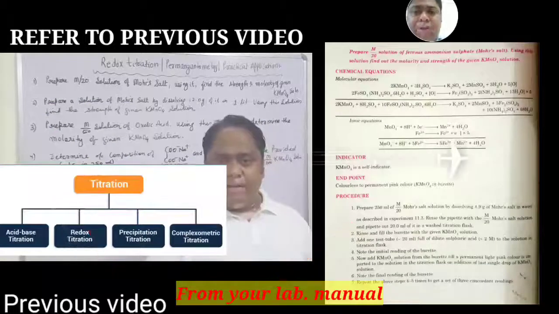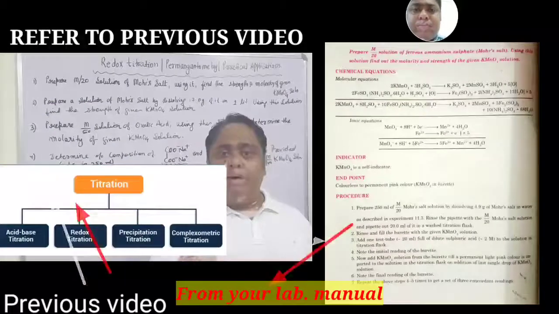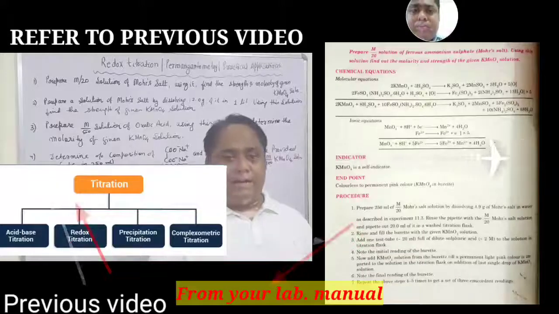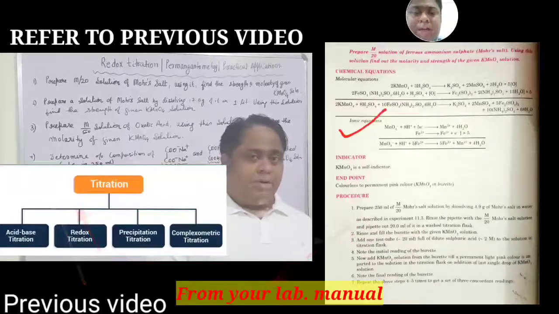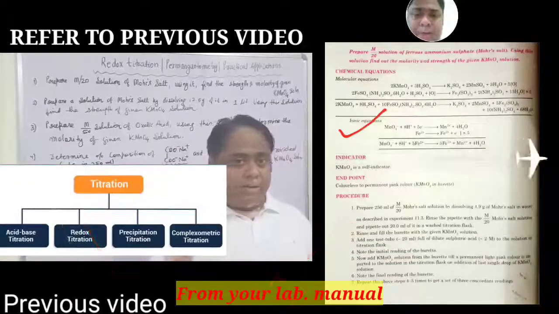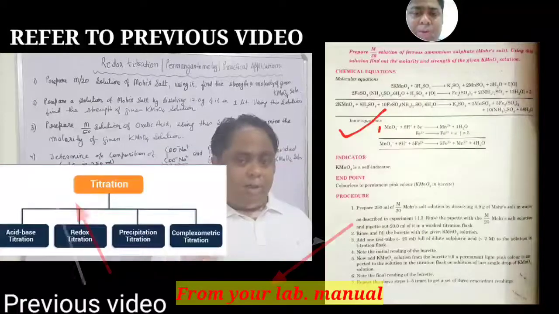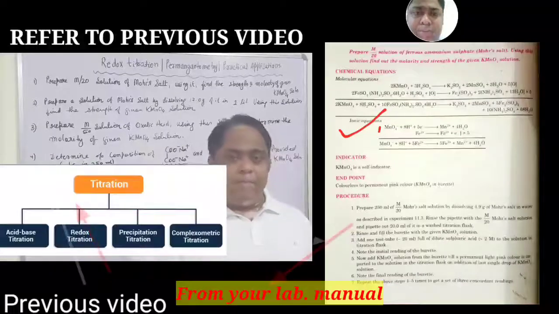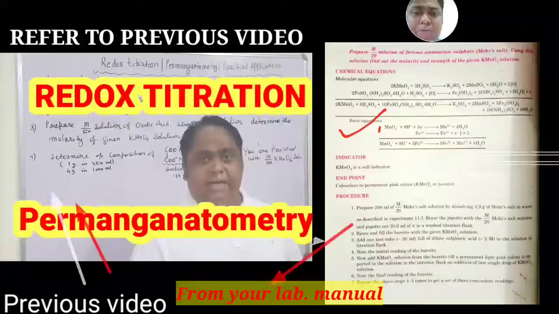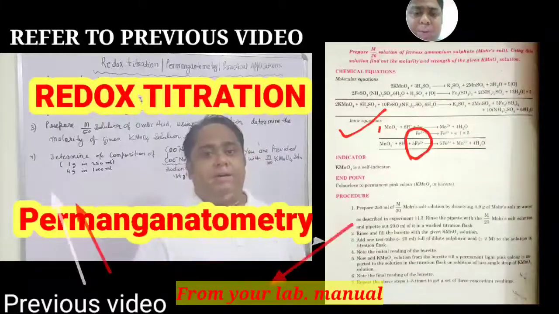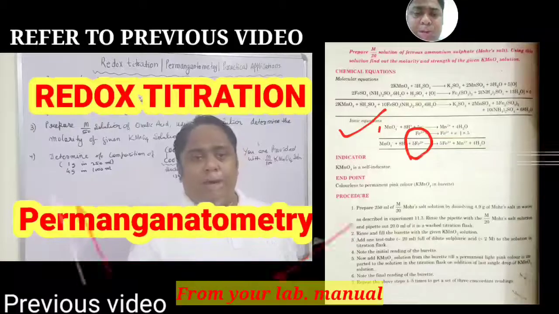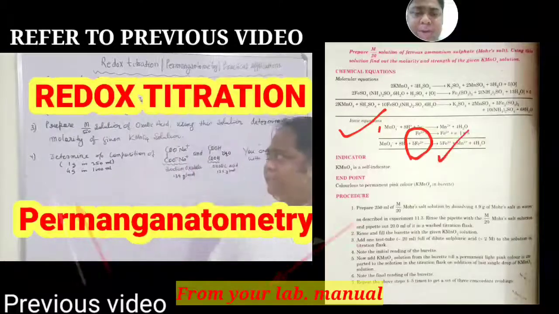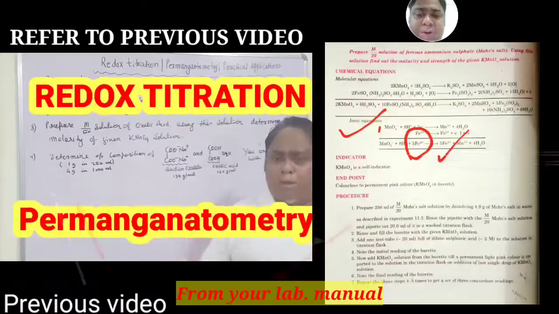This ionic equation will show you that 1 mole of KMnO4 combines with 5 mole of Fe2+ and Fe2+ becomes Fe3+. This we had seen in our previous video also.